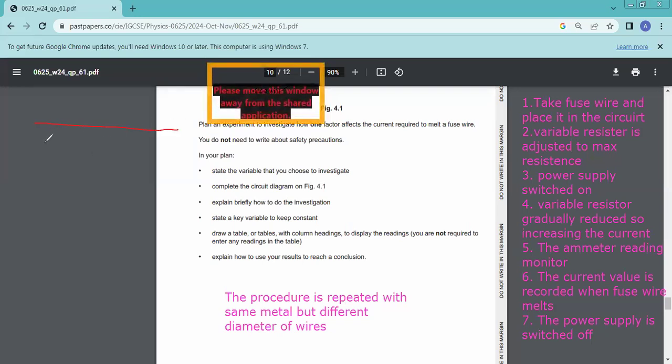The first column is fuse wire diameter, and the second is melting current.